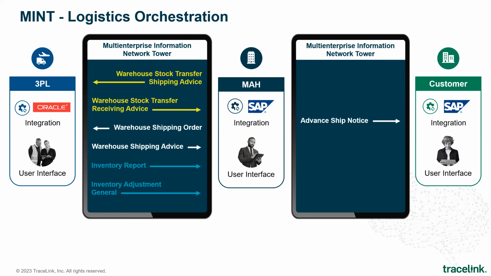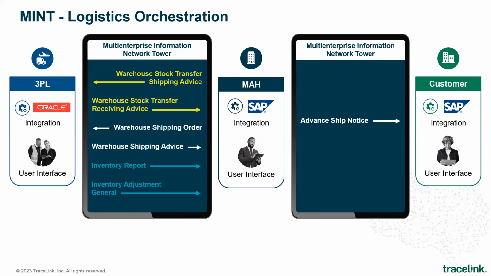This is something we've actually been asked for years: the ability to send a serialized advanced ship notice downstream to customers, to support specifically countries where the wholesale distributor or the importer can do the reporting for you.